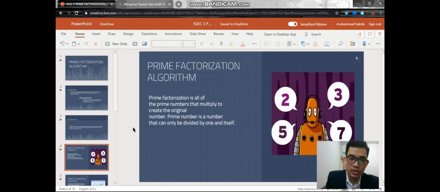The prime factorization algorithm is all of the prime numbers that multiply to create the original number. A prime number is a number that can only be divided by one and itself.